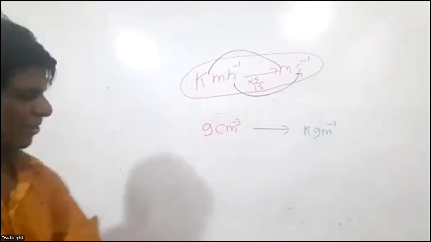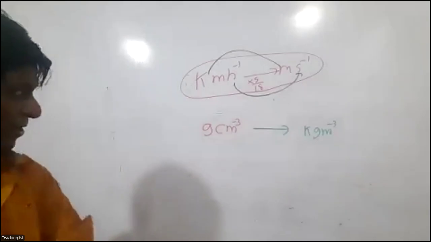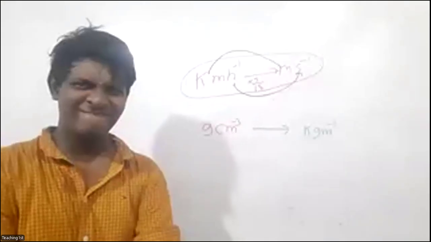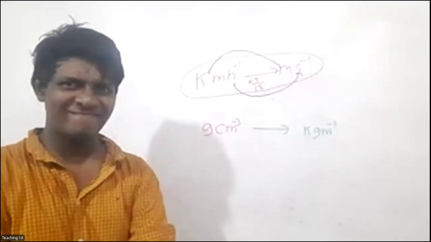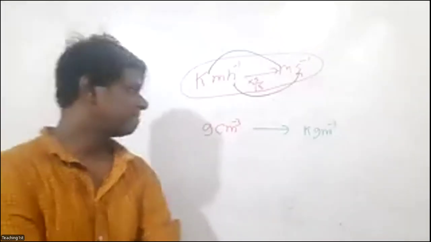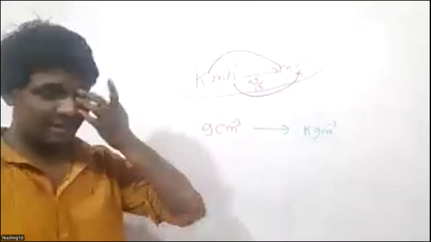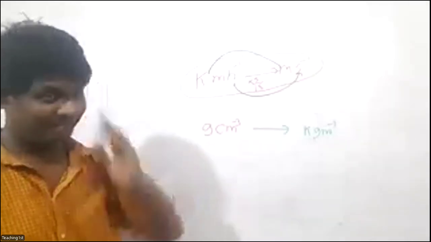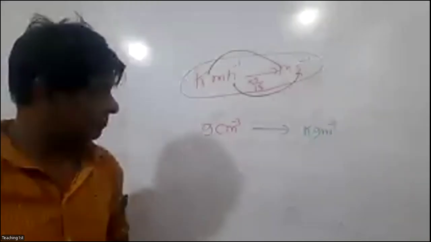No, no, no, wrong, wrong, wrong. Very bad. g cm^-3, m^-3, kilograms.